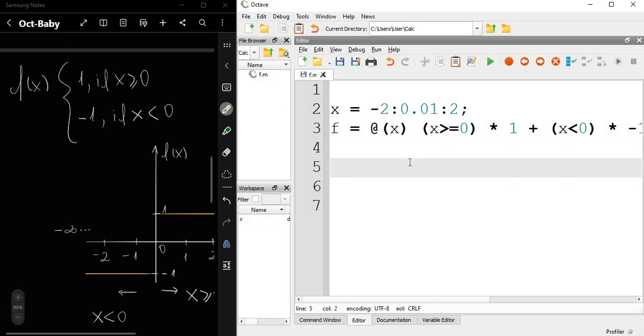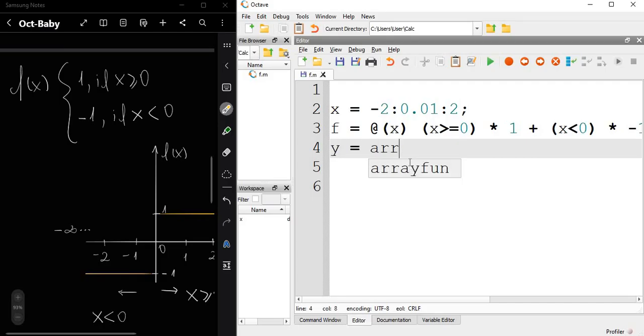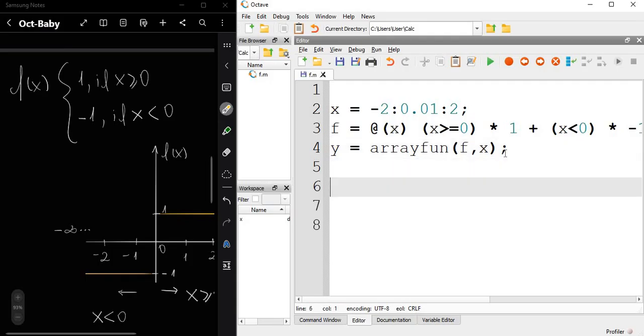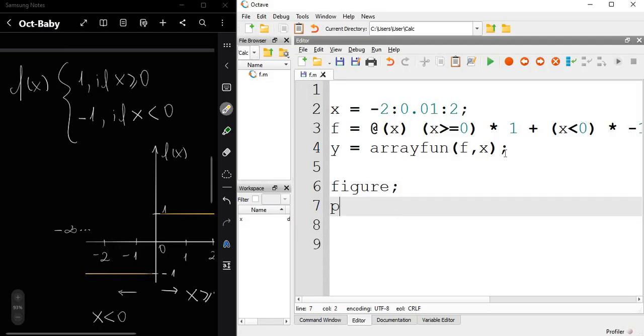And now y is arrayfun f and x as argument. Now plotting: figure and plot x and y right here.